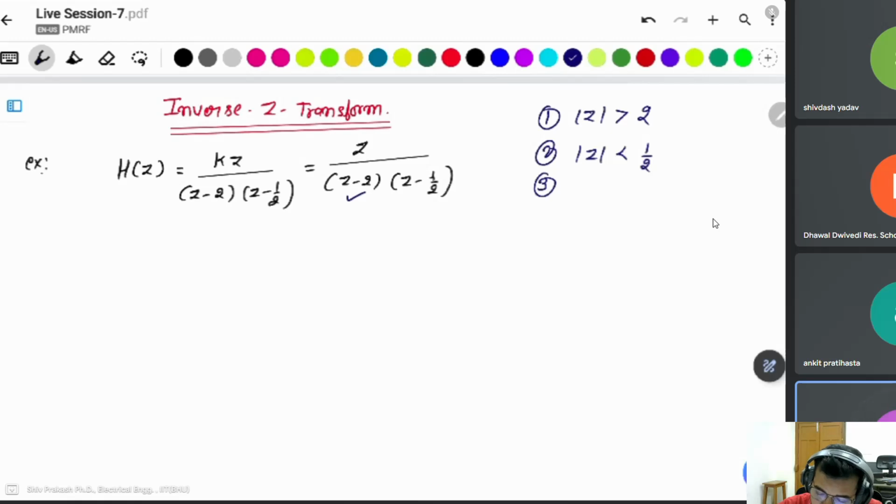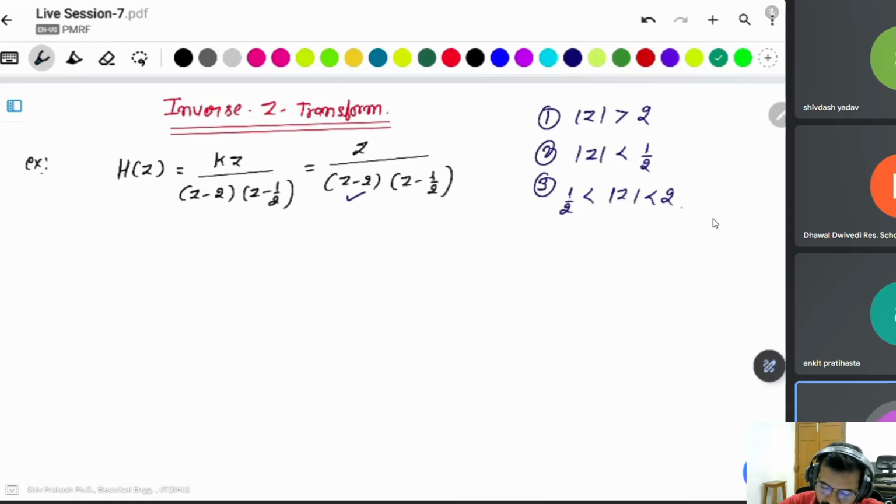Third one is in between them: greater than half and less than 2. There are three possible ROC for the two pole system.